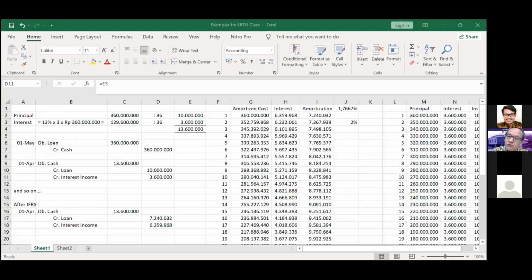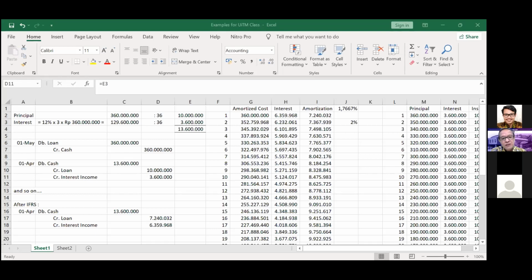So out of 200 customers, there is one customer that will be like this. We will get a loss of 49 million. So out of 200 customers, there is one customer that will make this 49 million loss.